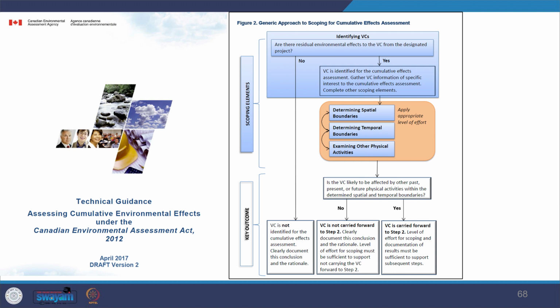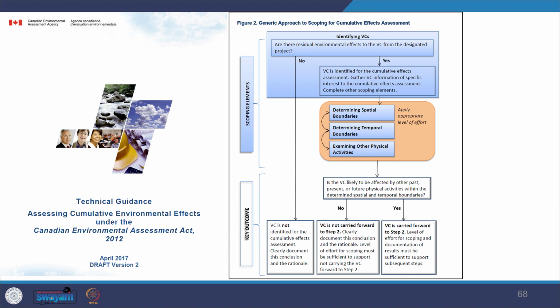Likewise, from the technical guidance, they give another layout framework for how you should approach cumulative effect assessment. Identifying VCs, valued components, is very important here, and then whether there are residual environmental effects to the VCs from the designated project. If the answer is no, then the VC is not identified for the cumulative effects.